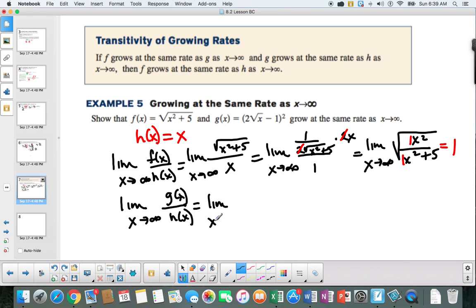Limit as x approaches infinity, and we're going to get 2 root x minus 1 squared all over x.